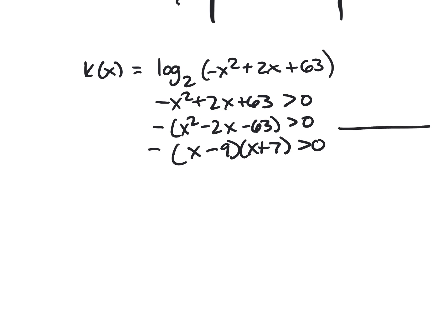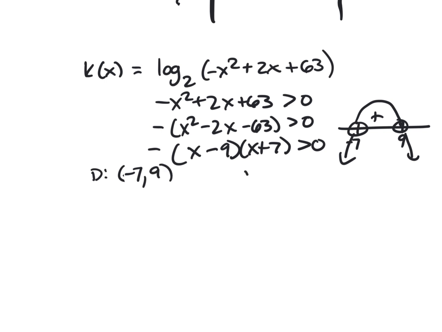So I can do sign analysis. Remember, it's a quadratic that opens down. So it equals 0 at 9 and negative 7, which is also helpful because those are going to be my vertical asymptotes. Okay, so the domain here is negative 7 to 9 exclusive.